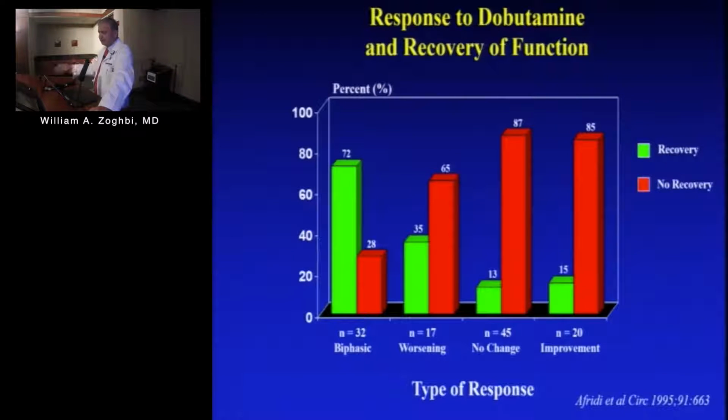What does it imply? Well, the implication for recovery function after revascularization, we've done this many, many years ago now. It's almost 20 years ago, when Imran Afridi was with us. A biphasic response has the highest predictive value of recovery, meaning that you have some contractility reserve, and then you have ischemia.